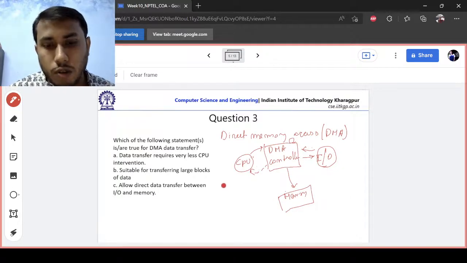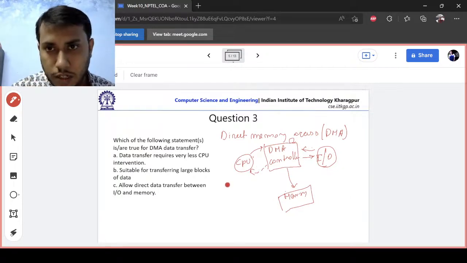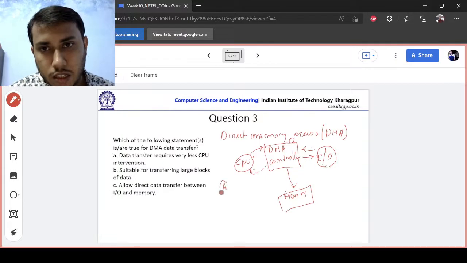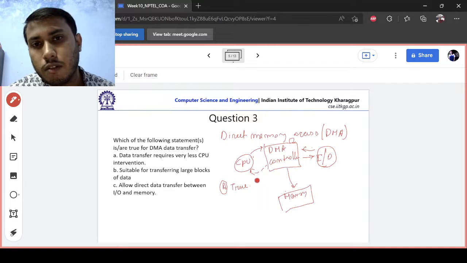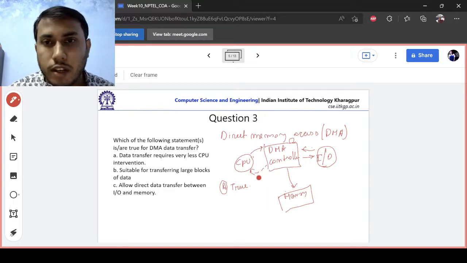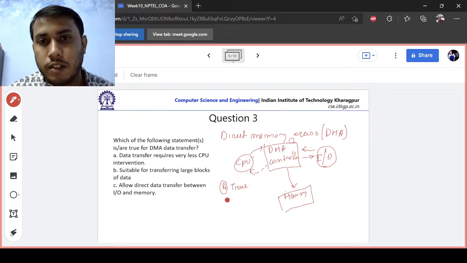So if you look at all the options given, option A is true. It requires very less CPU intervention, like absolute minimum, only the first and the last step, the initiation and the end of the operation signals.